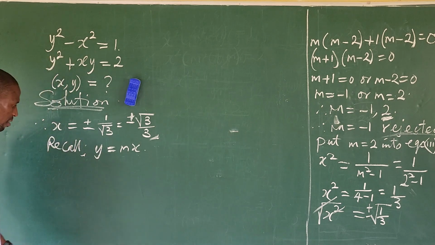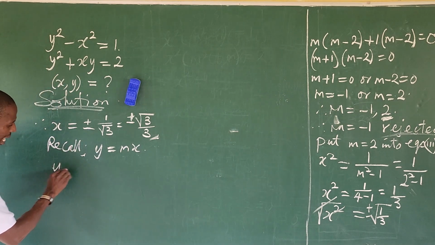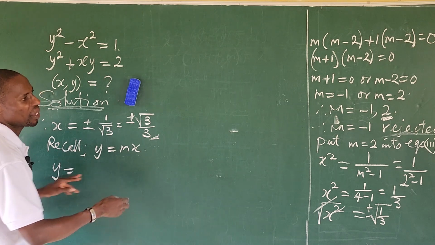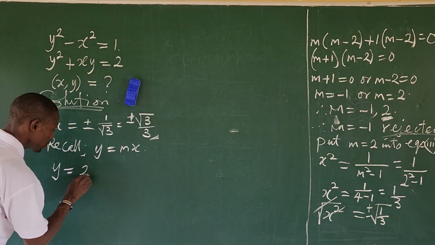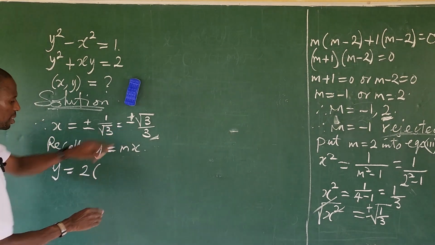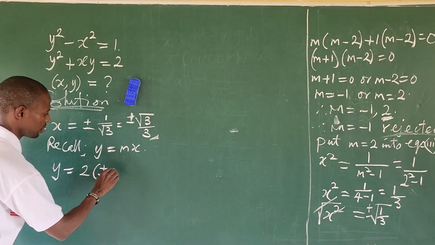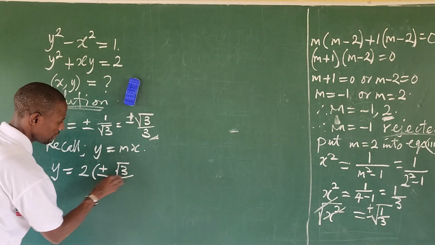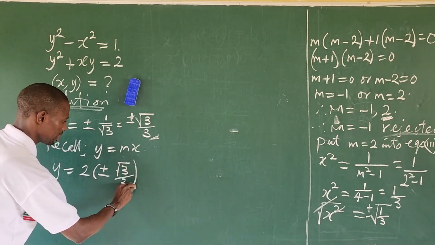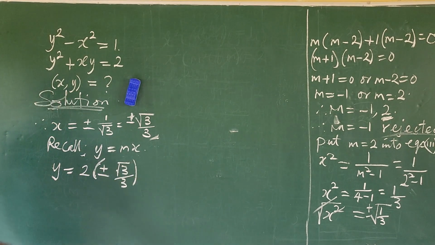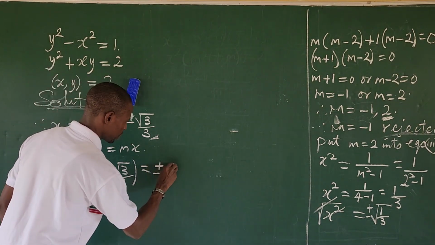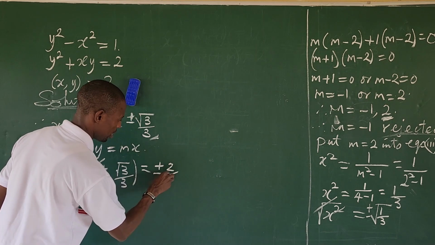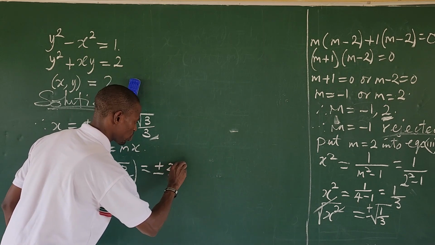So let's go ahead and solve for y. y is equal to, what is m? We calculated m to be 2. So we have 2 into x, which is plus minus root 3 all over 3, close bracket. If we open up, this will give us plus minus 2 all over 3 root 3.